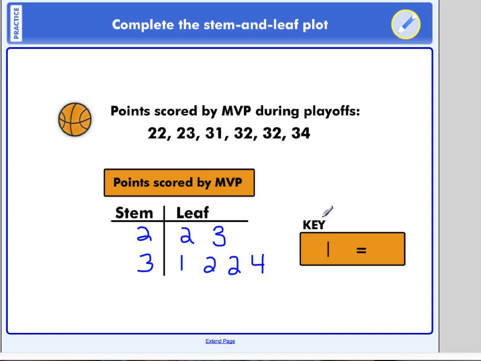Now, this key means that this 2 with the 2 on the other side, this 22, represents 22. You won't always see a key like that for stem and leaf plots. I think they're doing it right now just to help you realize what this number stands for. But oftentimes there's no key. You just know how to read it.